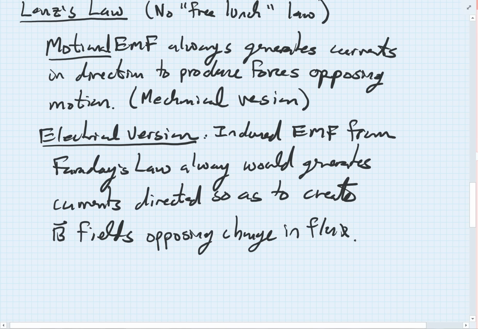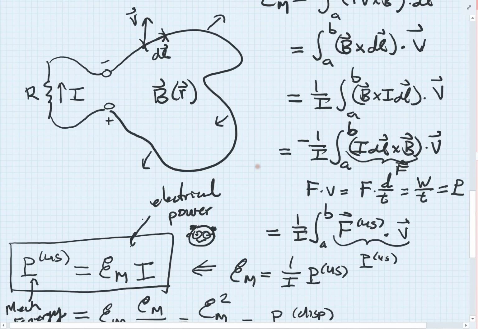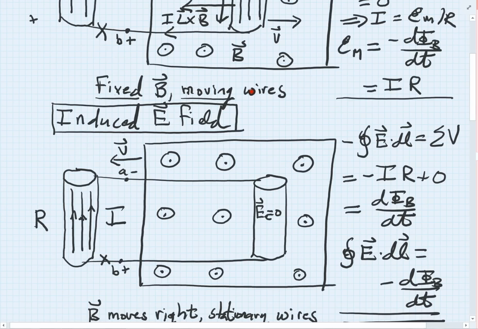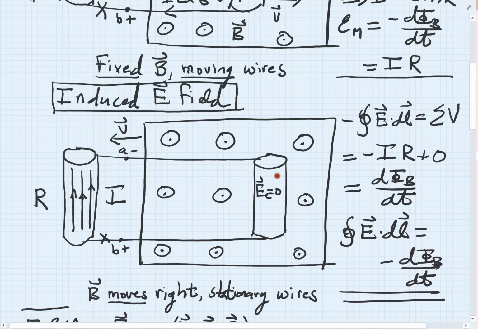And we can see this electrical version also operative in our second example, where we were moving the magnetic field. When we move the magnetic field this way with velocity v, as you can see, we are increasing the amount of upward flux through our loop. Now, notice the direction of the current flow.